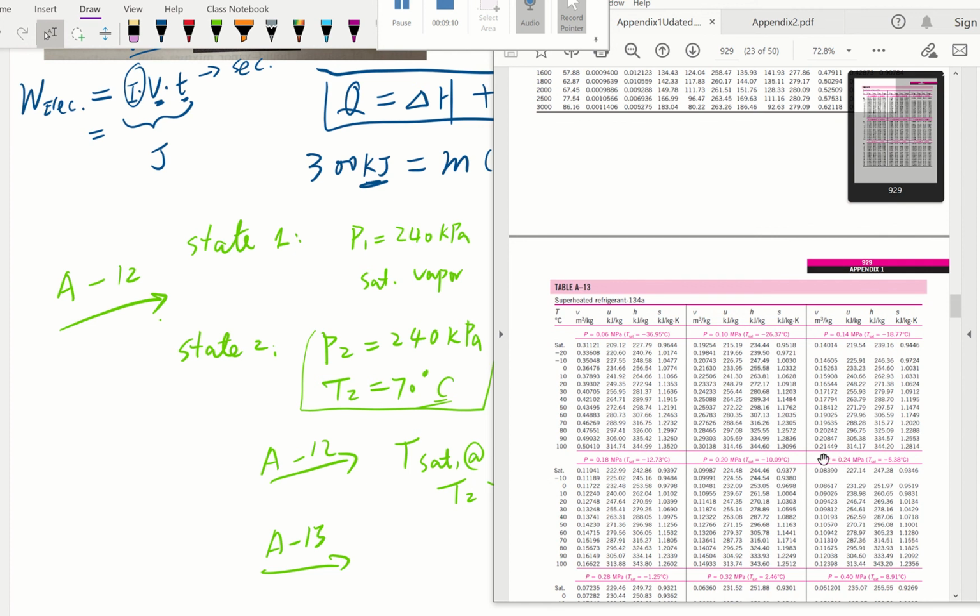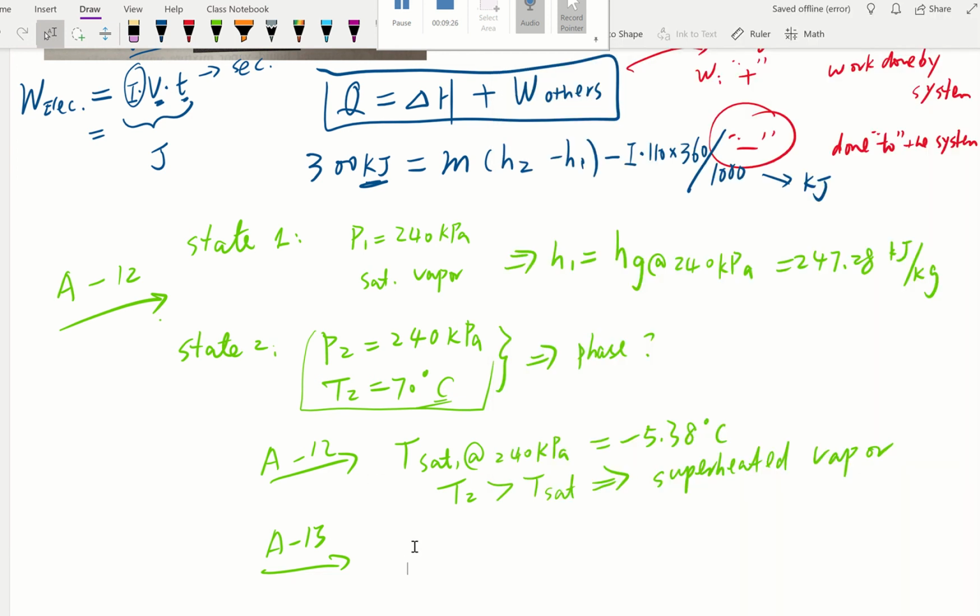They have the 0.24 megapascal table. Now let's look at 70. And they do have 70 as well. So look across to 70, and we're reading the H value. So it's 314.51. That's going to be our H2 in kilojoule per kilogram.